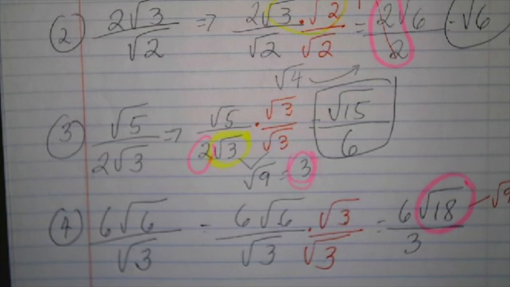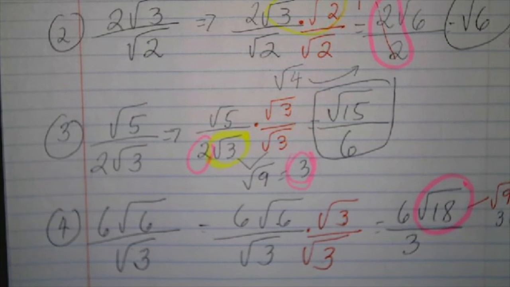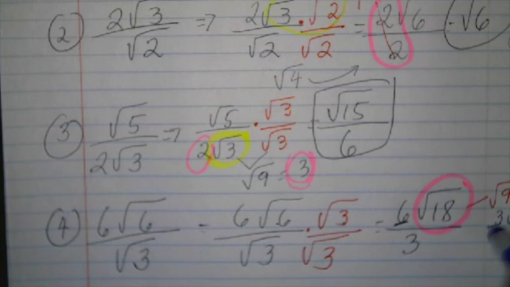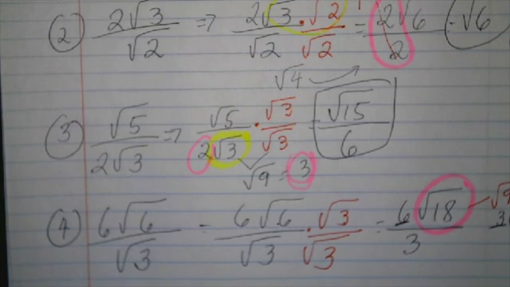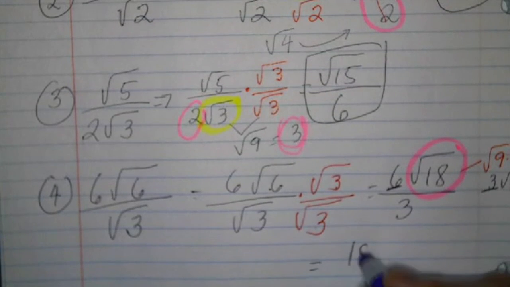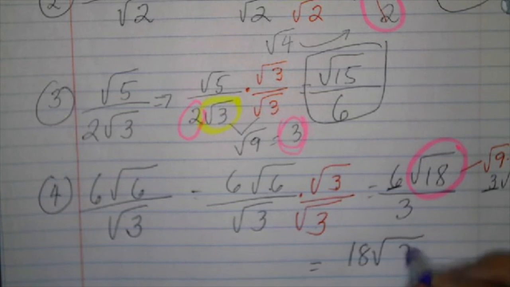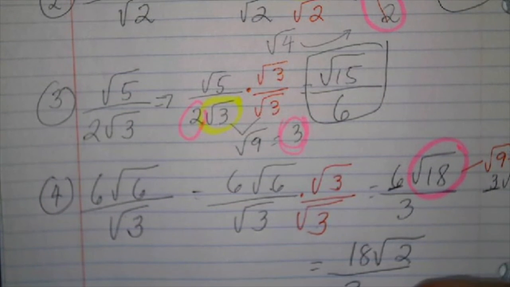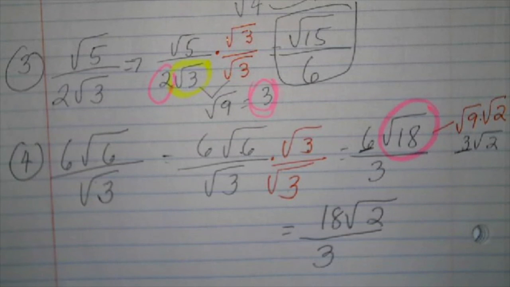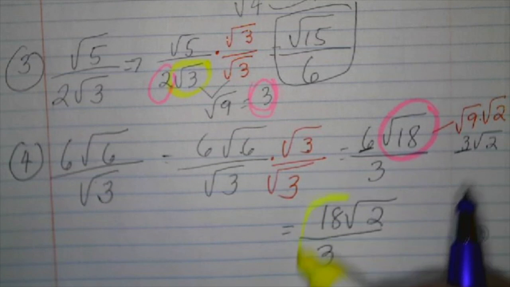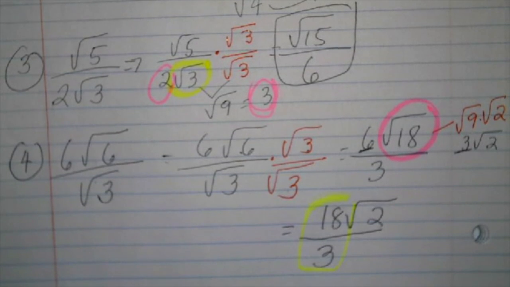Square root of 18 can still be simplified, which has a factor of square root of 9 times square root of 2. Square root of 9 is 3. Square root of 2. So multiply 6 and 3. So your final answer will be 18 radical 2 over 3.